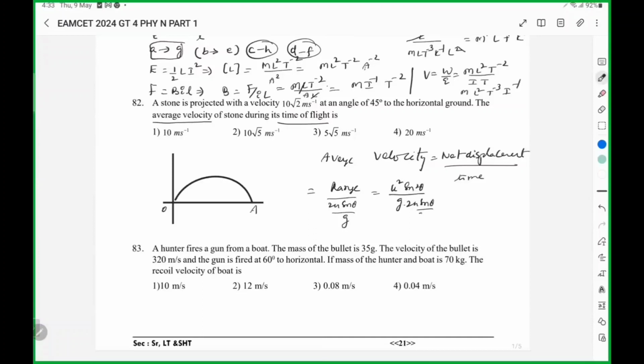Simplifying, the average velocity is u cos theta, 10 root 2 cos 45, that is 10 meters per second.